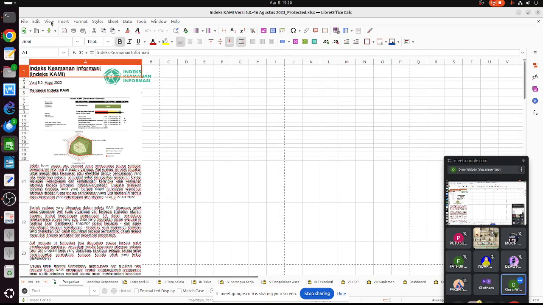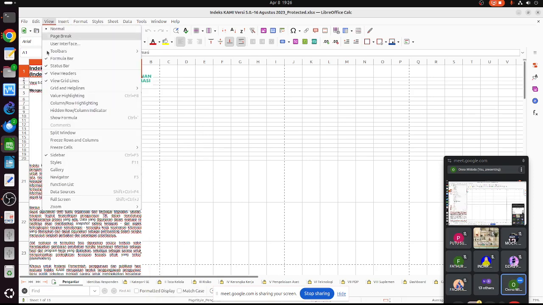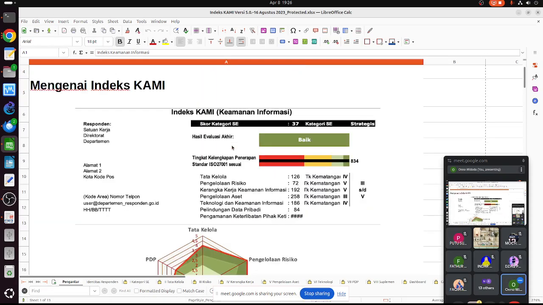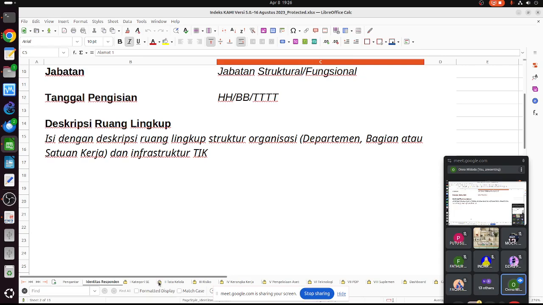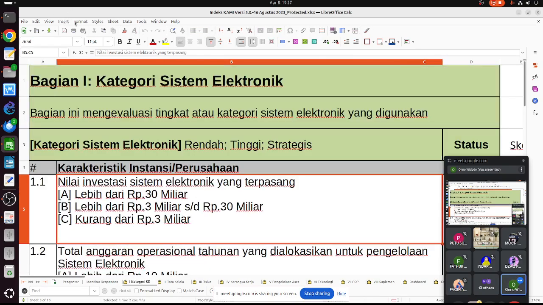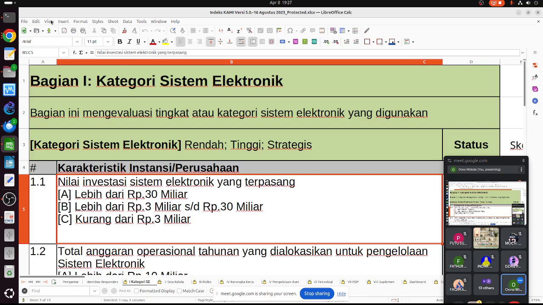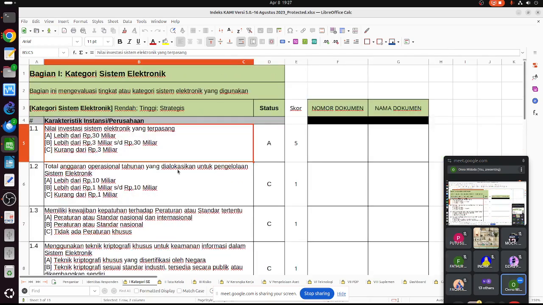Okay, so basically here, this is the organization name and so on. That's normal. So it will cover several things.